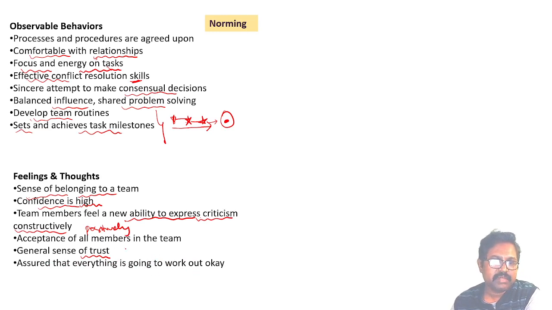So as a team, they are going to assure one another that they are going to achieve the set objectives, and there will be freedom of expression of thoughts, and they can contribute their own role.